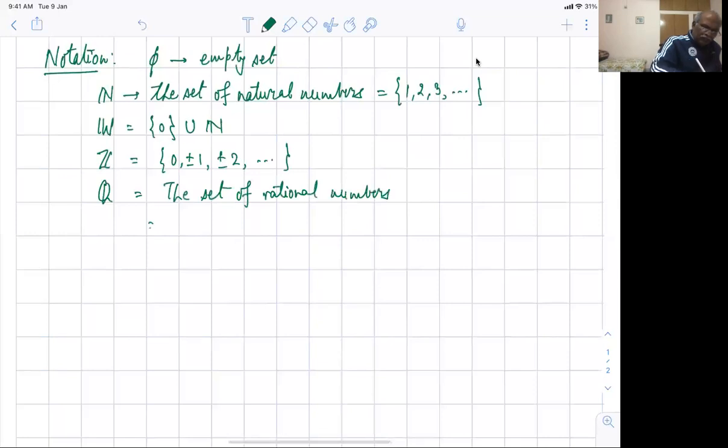So what is that? If you remember, it is of the type m upon n, such that m and n are integers and n is not equal to 0. All right. And we generally follow that GCD of m and n is 1. You did not say it, but that's the way we generally follow. That we always take, because the cancellation can take place, 2 upon 4 is same as half.